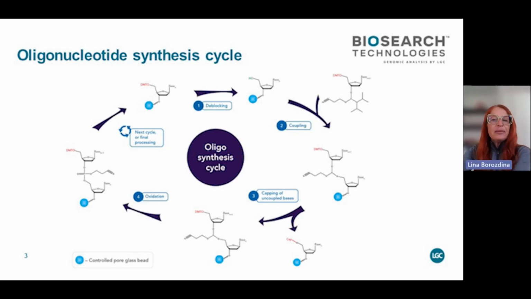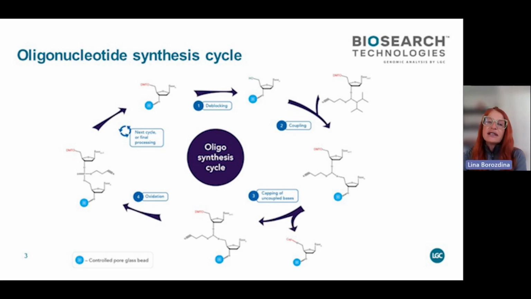The next step will be the oxidation or sulfurization, depending on what you're trying to achieve. The reason why we do that, as you can see, there's a phosphate here with only 3 bonds. Phosphate is a penta, so 3 bonds is unstable. So what we want to do is stabilize it and make the phosphate connect to 5 bonds.